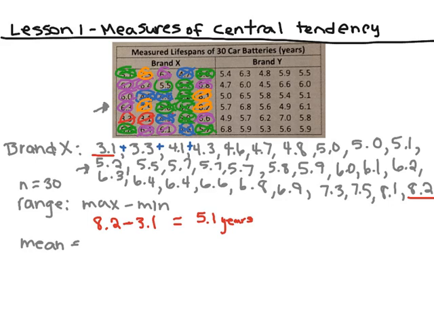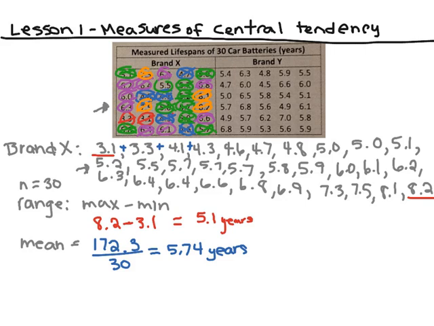So a good habit when finding your mean is to do it twice to make sure you get the same number twice. So when you add up all your numbers, you should get 172.3. And you're going to divide it by 30. So our mean is 5.74 years.